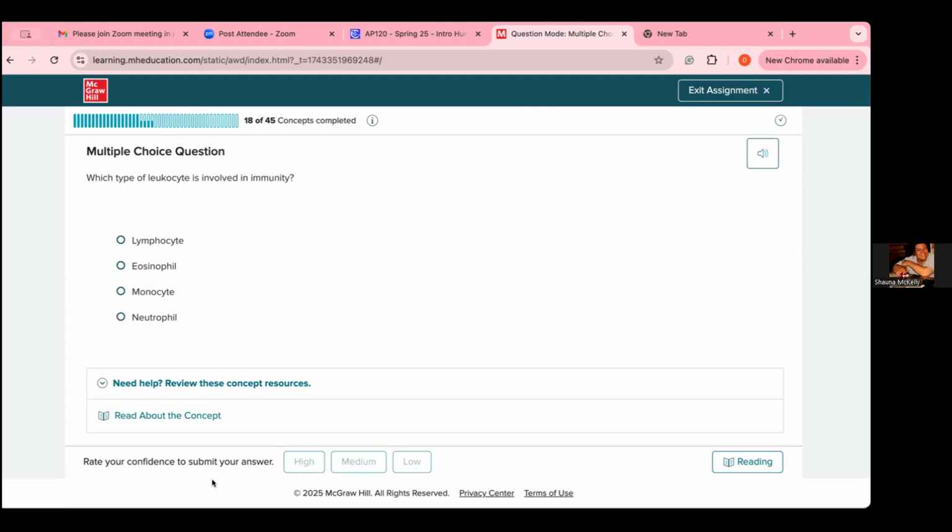Which type of leukocyte is involved in immunity?